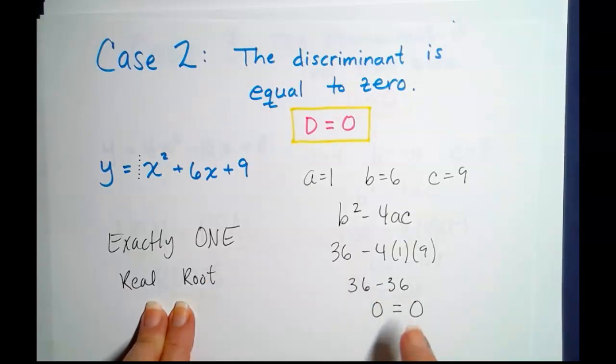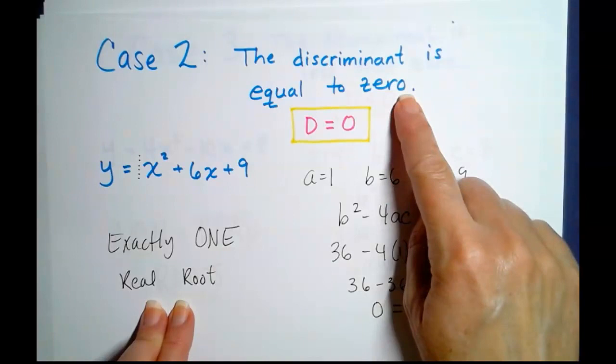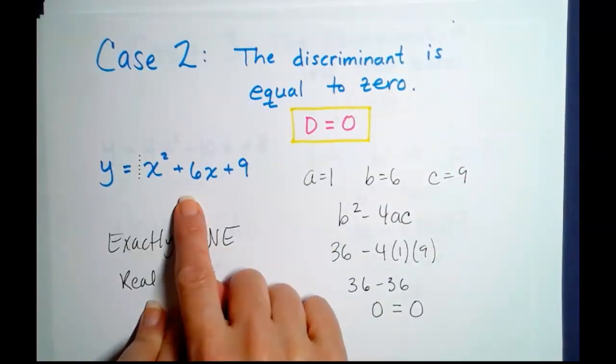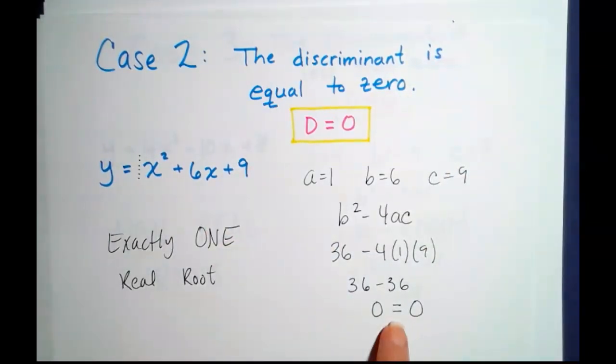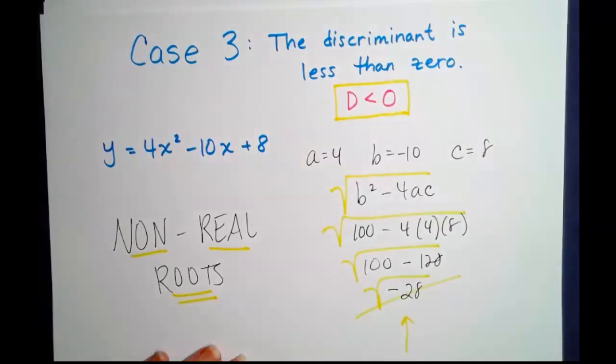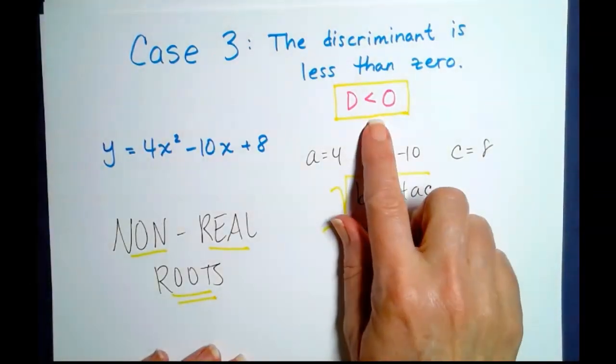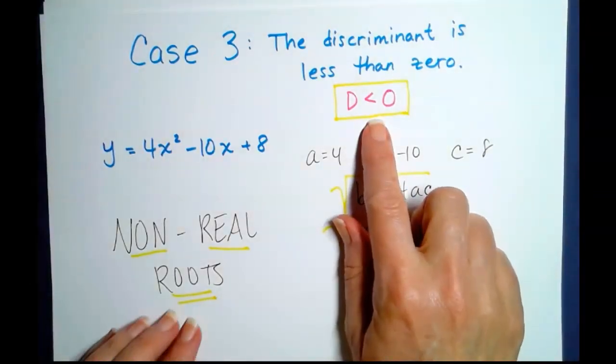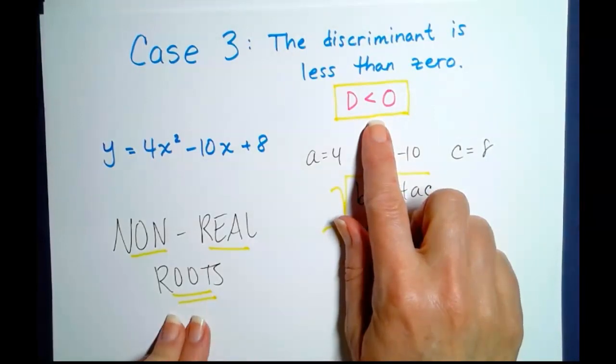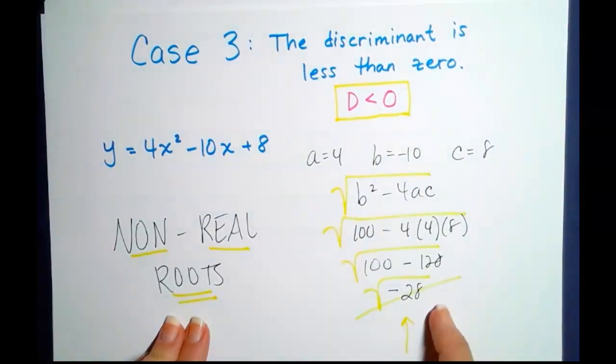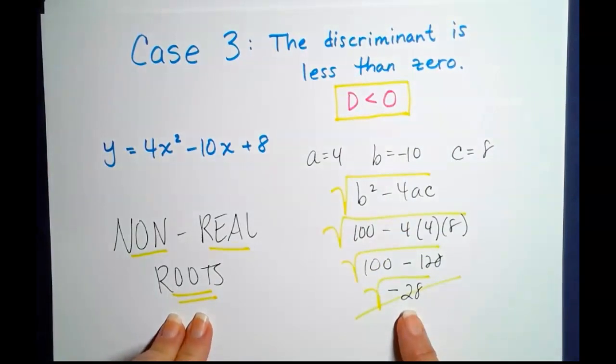Because the solution, or the root, or the 0 is the same thing as the vertex if you get 0. And lastly, case 3, if your discriminant is less than 0, you're going to get 2 non-real roots. Why? Because we cannot take the square root of negative 128 and have it exist in the real number system.